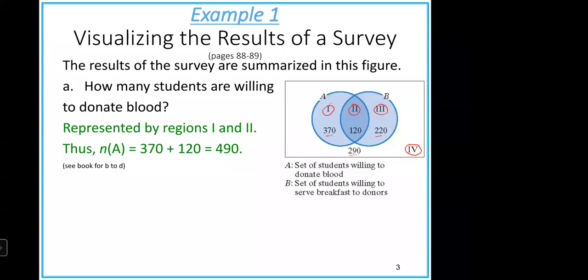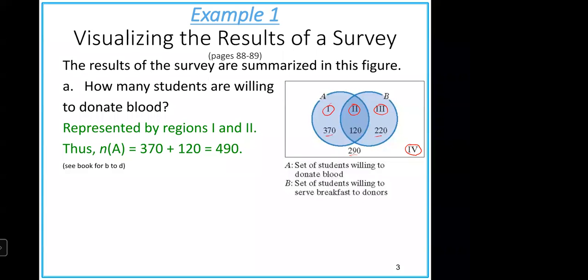Of the Venn diagram, which regions? Let me ask Miss Nairn. That would be regions 2 and 3. Okay, regions 2 and 3. So you will simply add the numbers in regions 2 and 3, which would be 120 plus 220, which gives you 340.